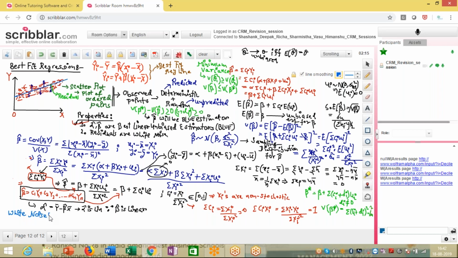If the error terms are white noise, there are some important implications. The first important implication of white noise is that the error terms are identically independently distributed. So they are IIDs.